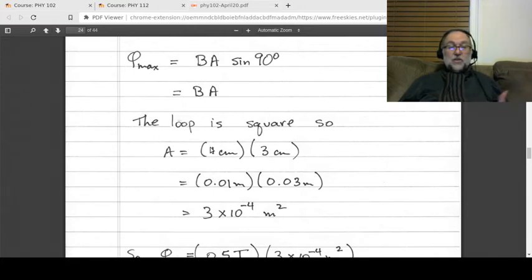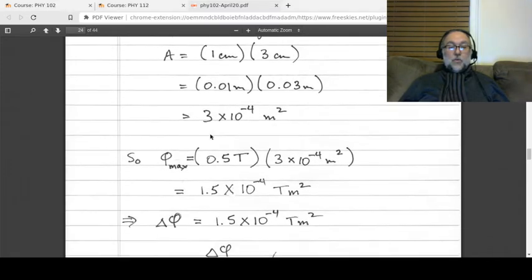It's a rectangular loop, so it's length times width, 1 centimeter by 3 centimeters, or 0.01 meters by 0.03 meters, because we have to work in MKS, and that gives us 3 times 10 to the minus 4 meters squared. Putting that into our flux, B is 0.5 teslas, A is 3 times 10 to the minus 4 meters squared, and that gives us a flux of 1.5 times 10 to the minus 4 Tesla meters squared.